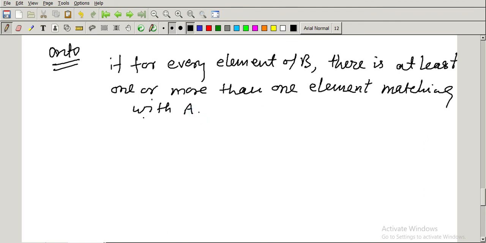You don't need to put it into your answer when answering this question. But this is the definition for when the function is onto, right?